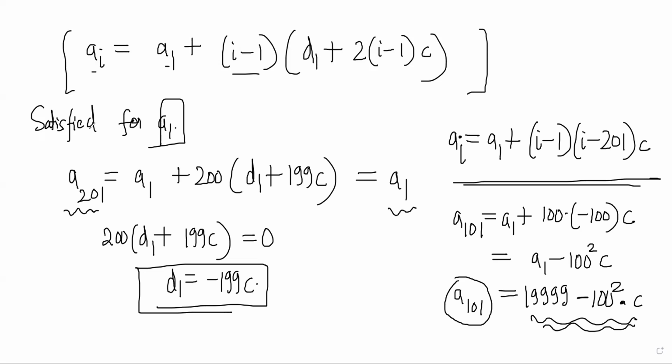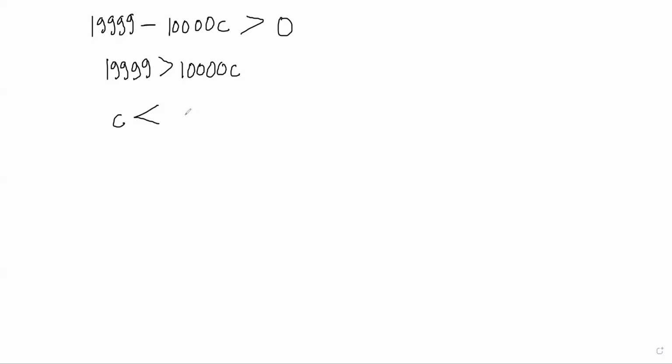So that tells us that 19999 minus 10,000 c is greater than 0, and it is a positive integer. So this basically tells us 19999 is greater than 10,000 c. So c is less than 19999 by 10,000.